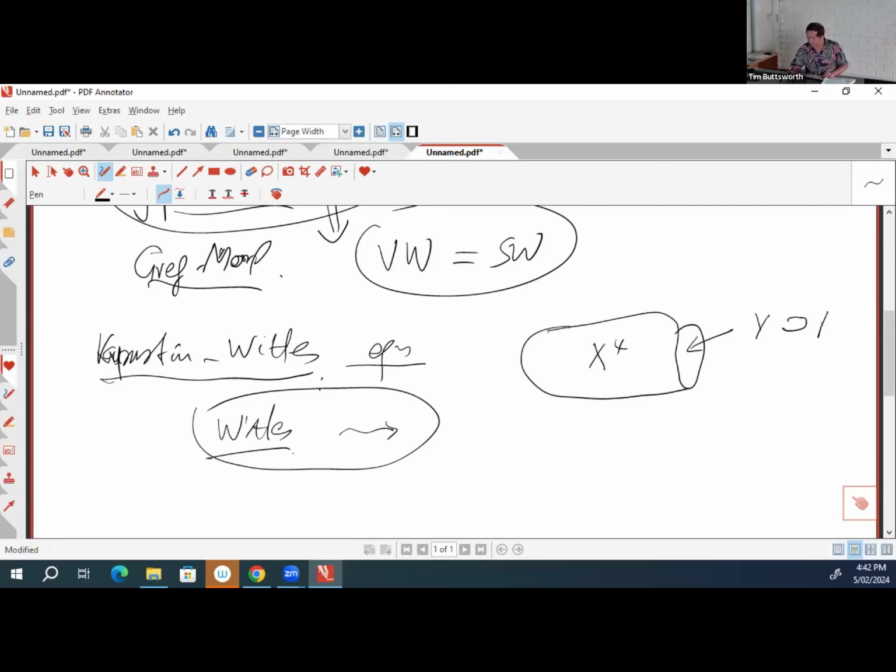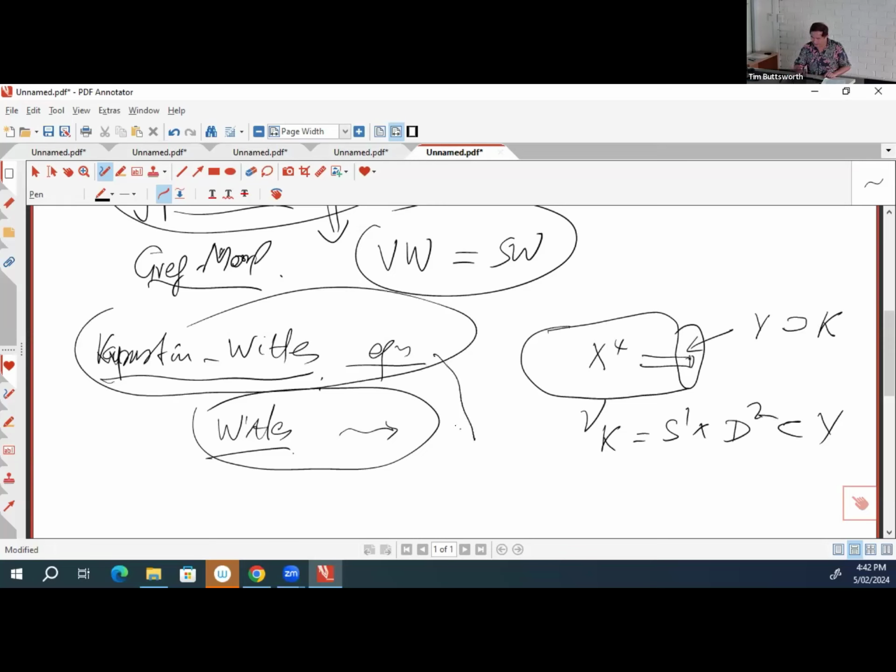And this three manifold contains knots. And these knots, if you look at the link, this is S1 cross D2, this inside Y. And then inside, so you have knots, and then we can claim that you have counting Kapustin-Witten equations with a particular boundary condition, which is called the Nahm-Pole boundary condition.